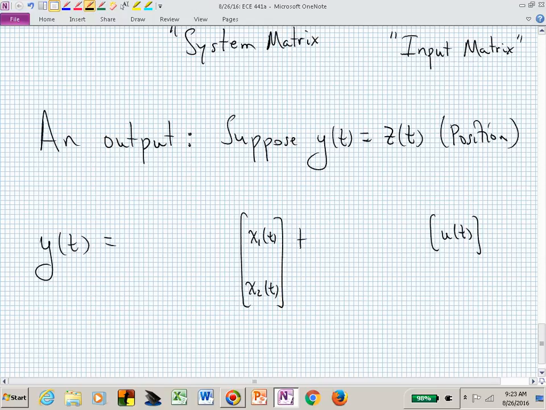So how big is C? We call this the C matrix or the output matrix. It's 1 by 2. It has to have 1 row, 2 columns.